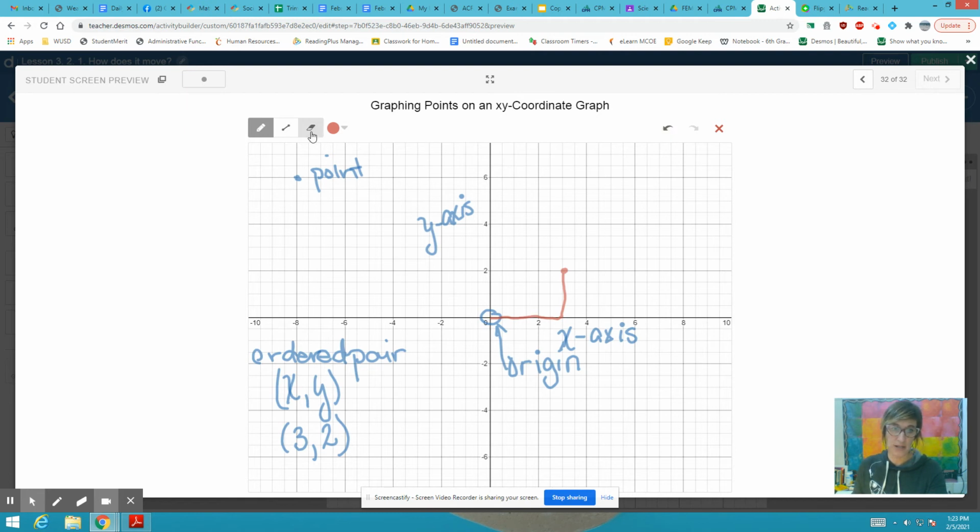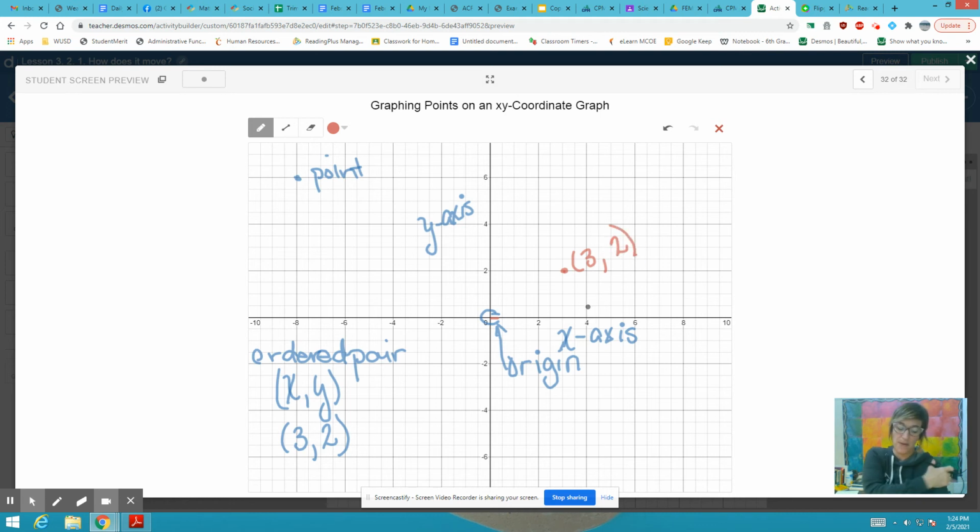So I'm going to take my eraser now and erase this information, just because it's not important. I was just trying to show you where to go. So this is an ordered pair, and it's 3 for the x-axis and 2 for the y-axis.